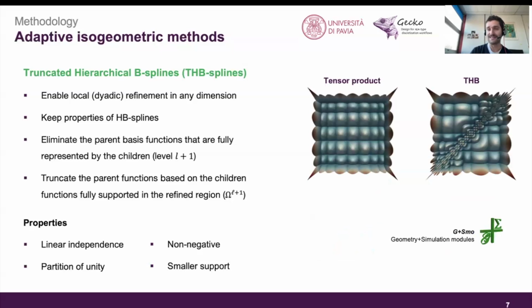Of course, these bases can be constructed in multiple dimensions, and here I'm showing an example of a tensor product basis versus a THB basis in 2D. As you can see, the use of the THB basis allows for refinement in any desired area of the domain.